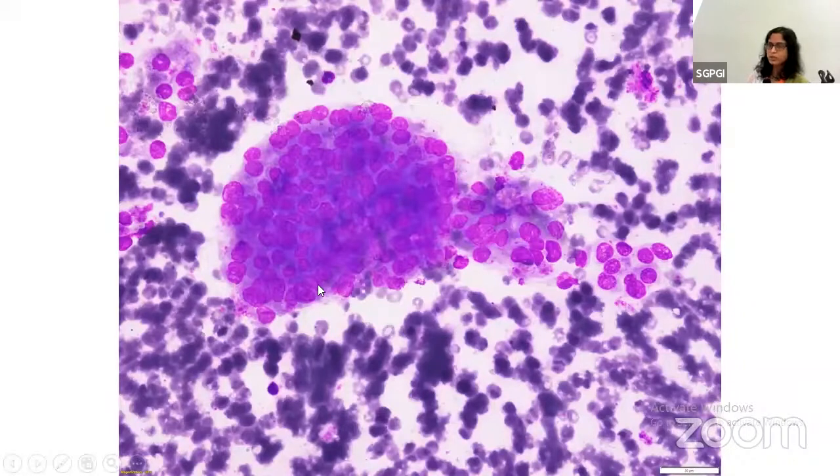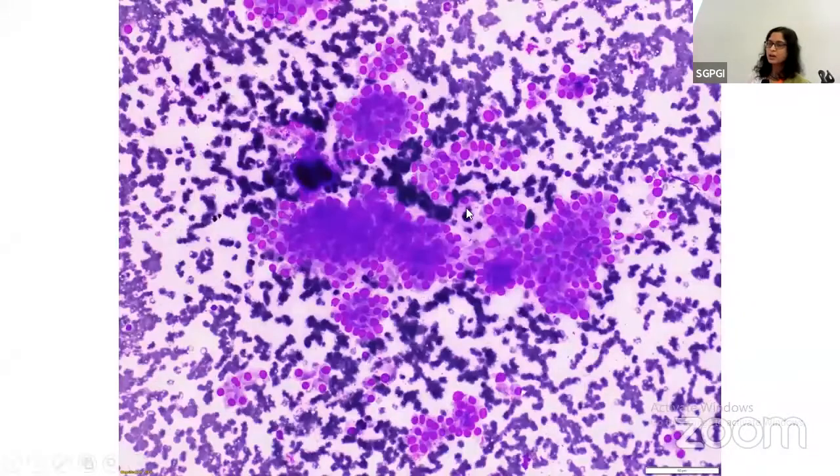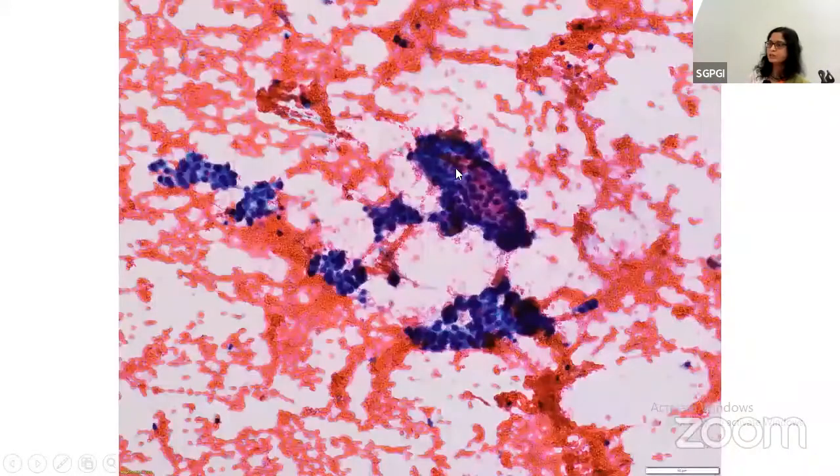Somewhere there are longitudinal grooves along the long axis of the nucleus. One more focus showing some microfollicles filled with colloid, and again a tight fragment. Pap stains may show the same. You can see some RBC, so probably a vessel. I'm not sure because I don't see any endothelial cells, but again, tight 3-dimensional fragments.